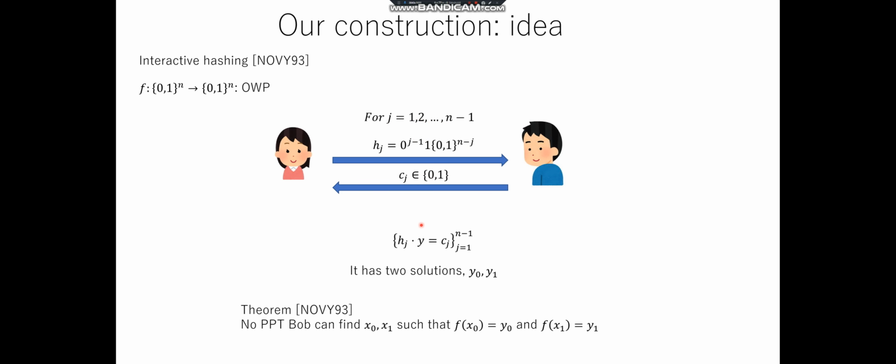Then finally, they get this system of linear equations. You can easily verify that this system of linear equations has two solutions, y0 and y1.